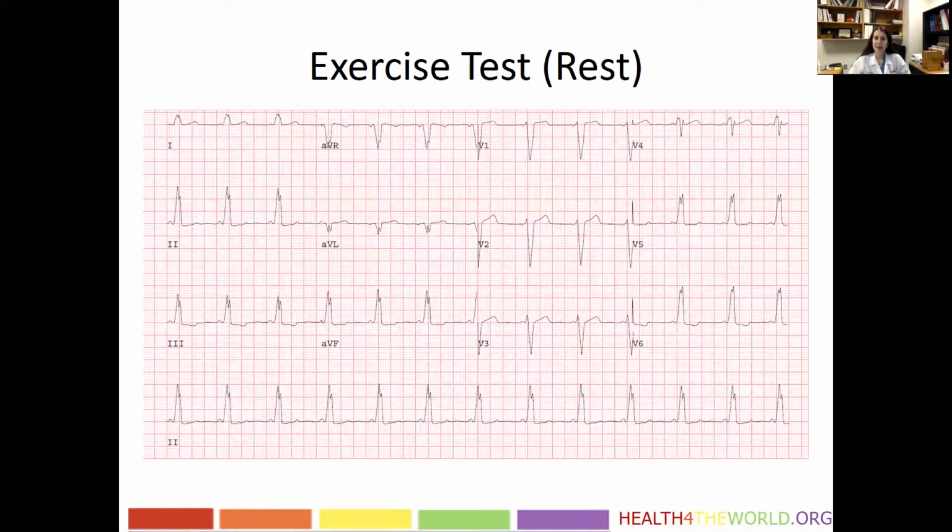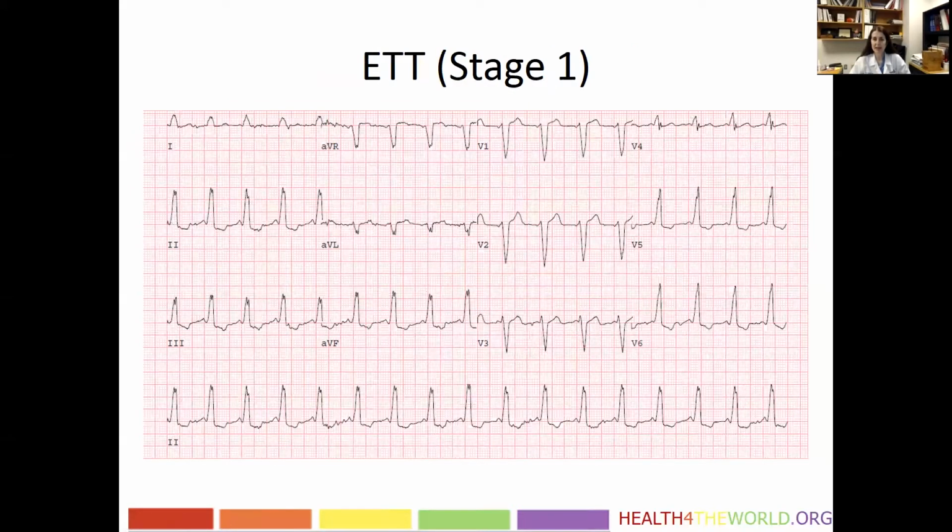We said that for the asymptomatic patient with persistent pre-excitation, we take them to an exercise stress test, and this was a patient of mine. And we will see actually what happened during the stress test.